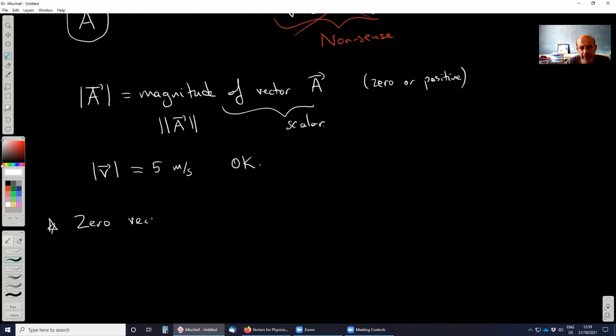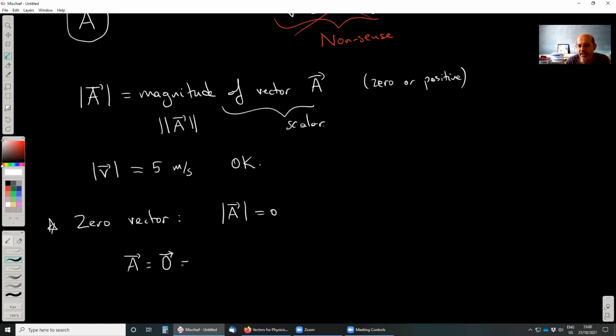Zero vector is basically any vector that has magnitude 0. If the length of the vector is 0, we call this a zero vector, and we show this vector by this sign, an arrow on top of 0. However, that's not that important. Strictly speaking, we have to put a vector sign on top, but people do not make mistakes because they miss this sign.